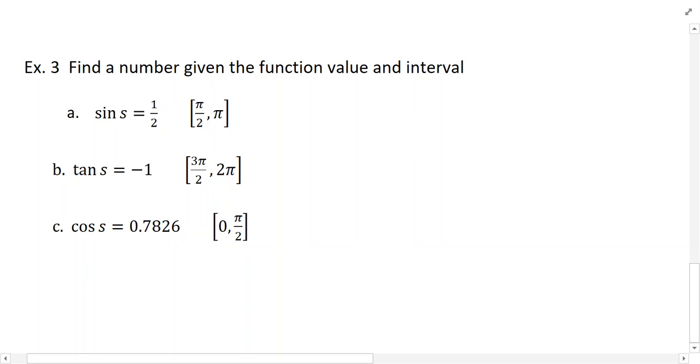What quadrant will I be in if I am restricting it from 3 pi over 2 to 2 pi? Fourth quadrant, right? So now I have a reference angle of pi over 4, but I need to place that angle in the fourth quadrant. What angle are we looking at? In radians.